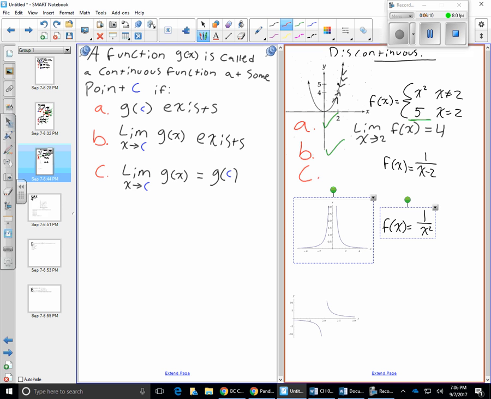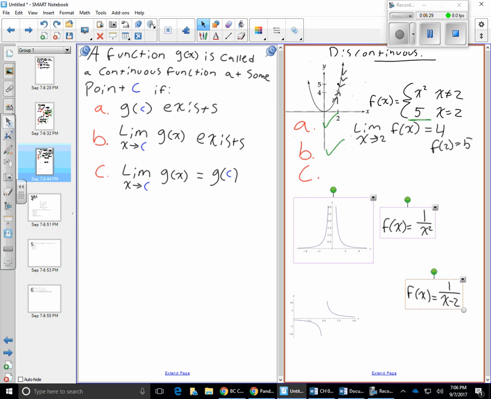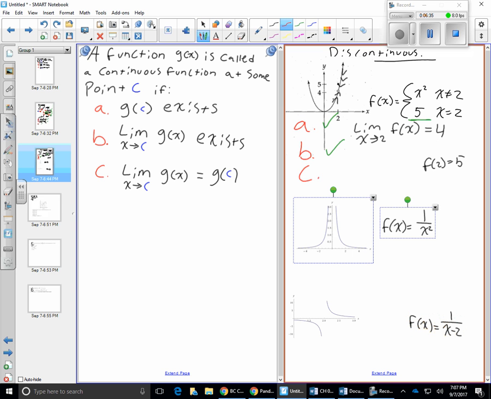Let's talk about c, though. The actual point, when you plug in 2, we have f of 2 equals 5, but this limit here is equal to 4.